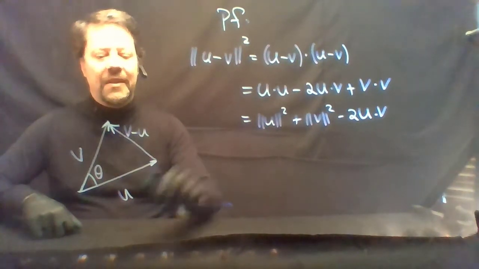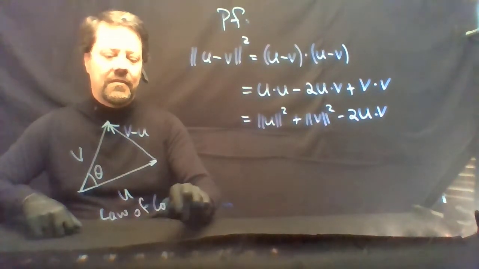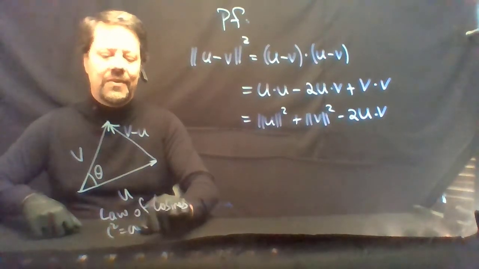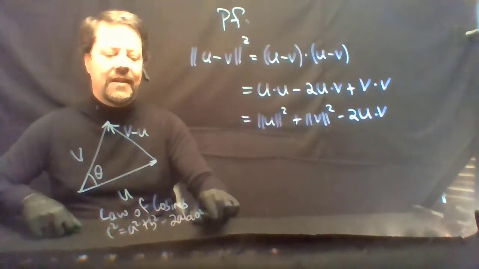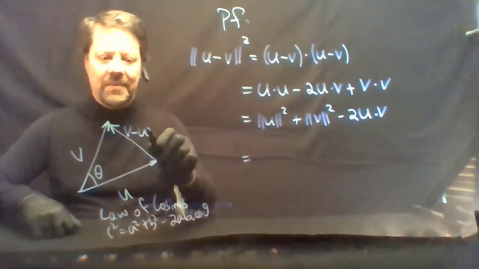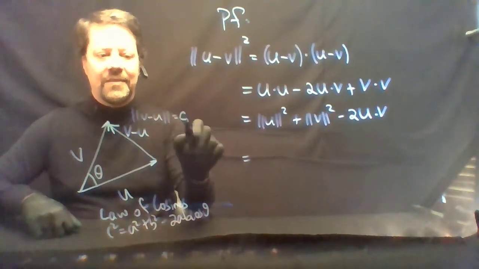I would like you to remember the law of cosines. Wasn't that c squared equals a squared plus b squared minus 2ab cosine theta? Aha, this is my c. The norm of v minus u is my c.